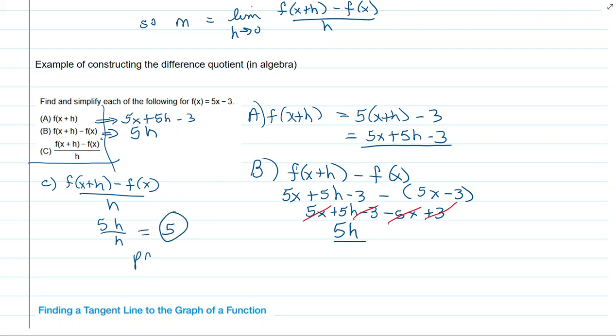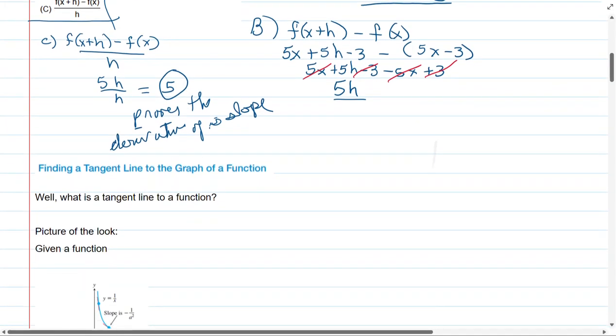This proves the derivative of a linear function is slope. What this exercise proves, and that's what we want to prove, right, is that it is that derivative. Well, we're not doing all the fancy stuff yet, but we will, I promise.